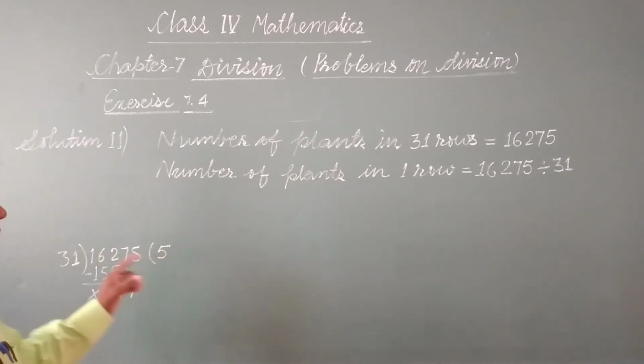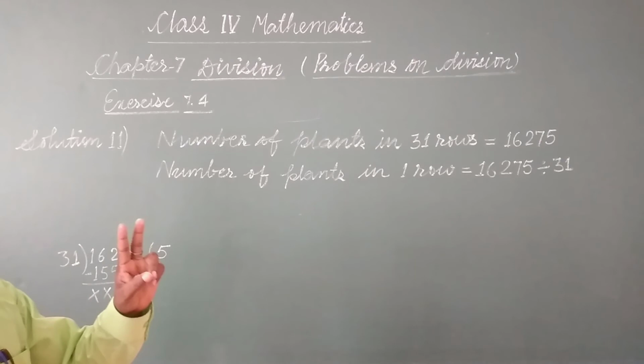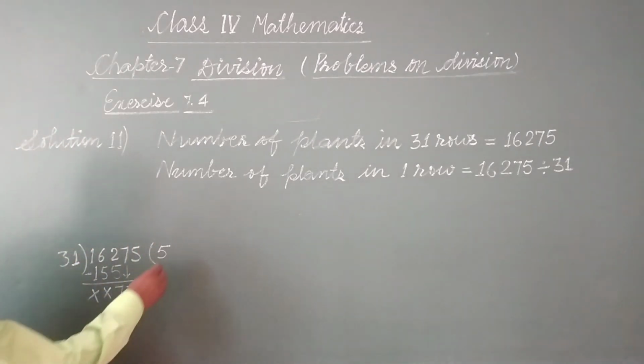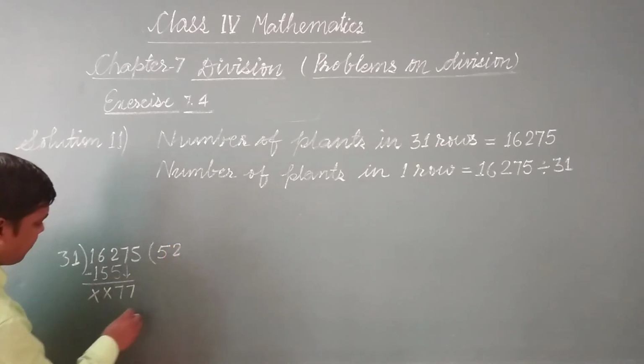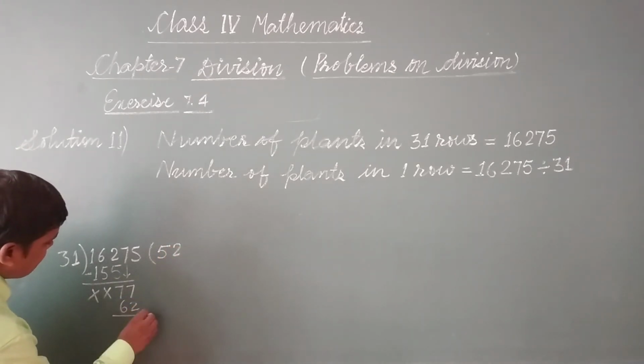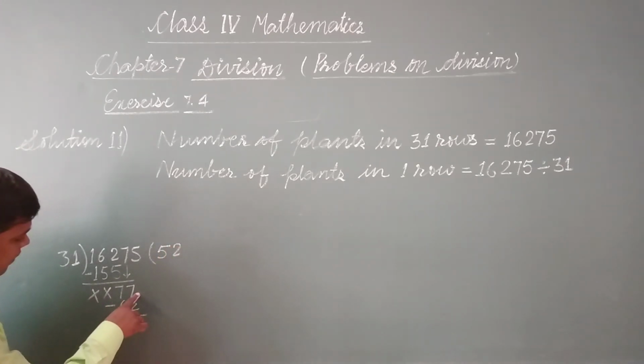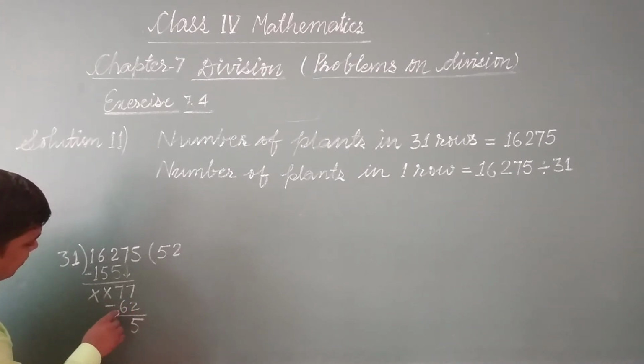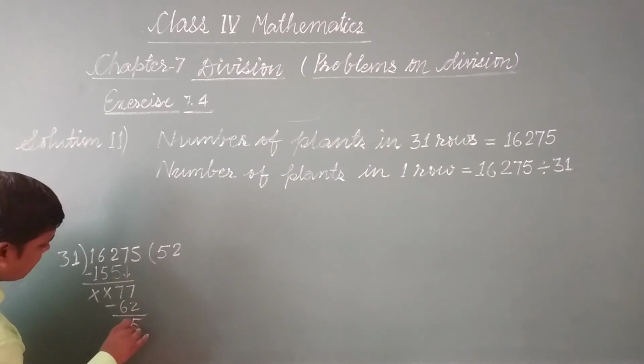We write the table of 31 2 times. So 31 2s are 62. We write here 62 and then we subtract. 7 minus 2, 5, and 7 minus 6, 1, and here 5 will come down.